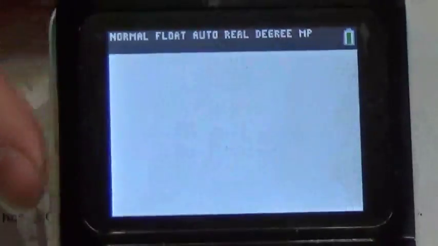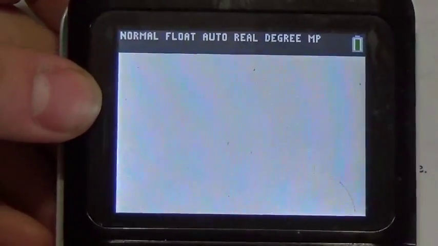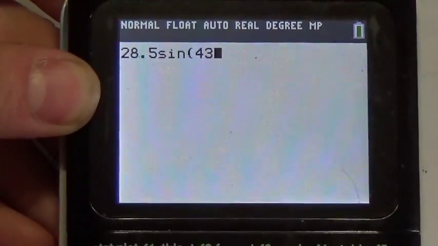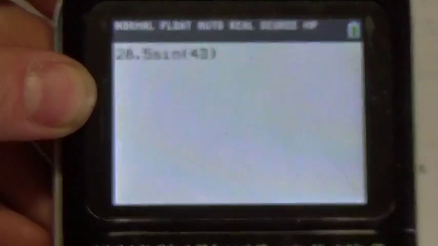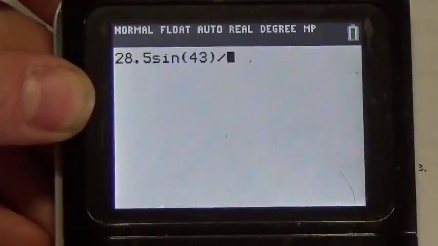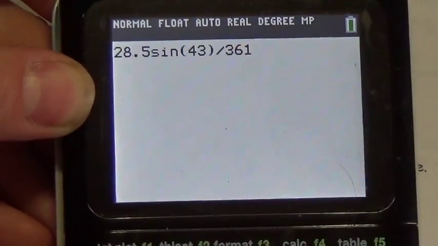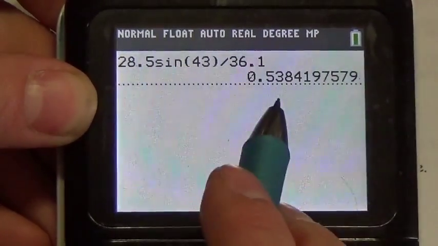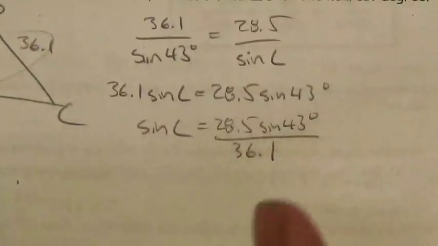So that is going to be 28.5 sine of 43, making sure I close that set of brackets, divided by 36.1. Okay, so there's the ratio there.